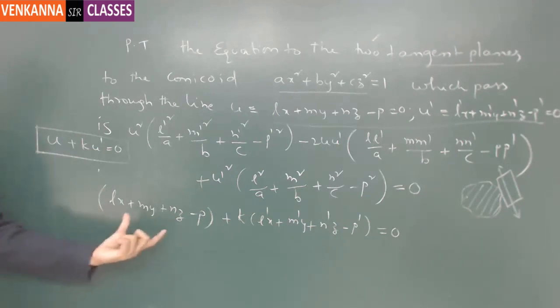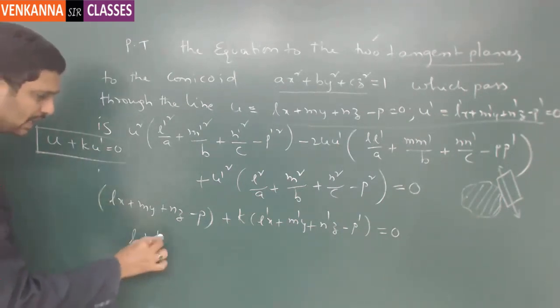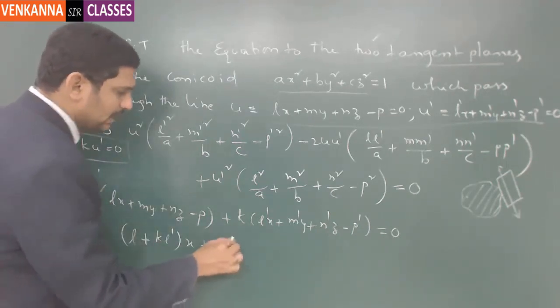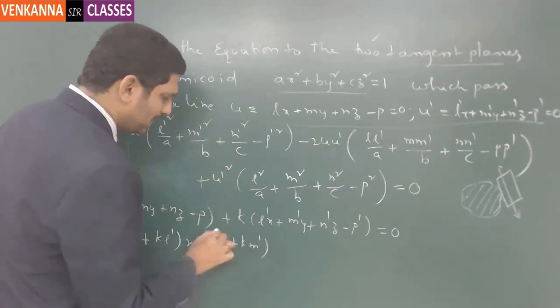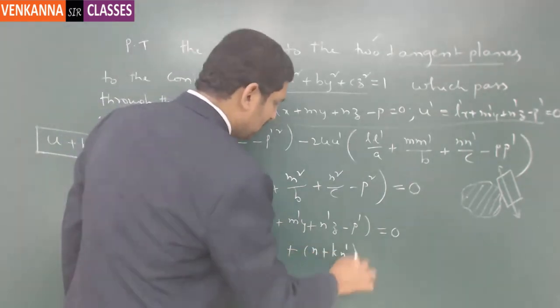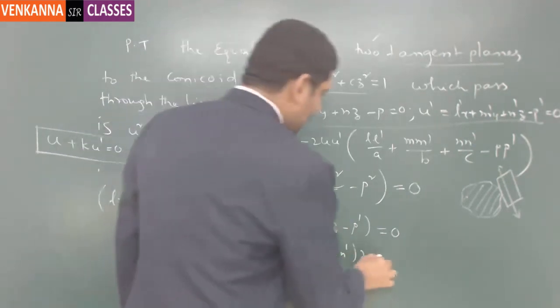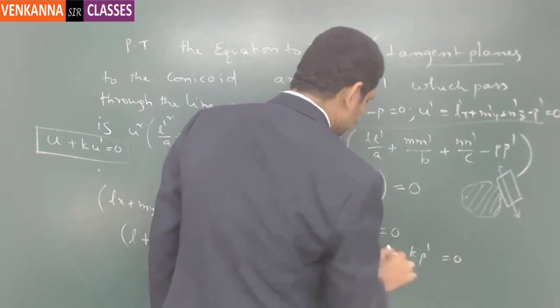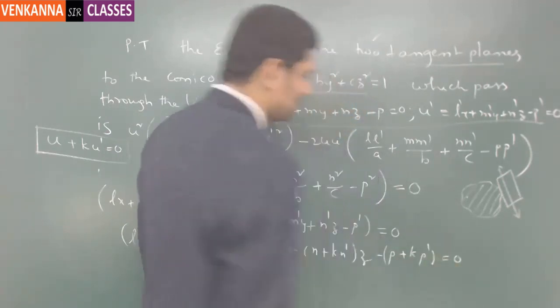Now, if you take the terms common, you get L plus K L dash of x, M plus K M dash of y, N plus K N dash of z, minus P minus K P dash, equal to 0. In other words, minus of P plus K P dash equal to 0.